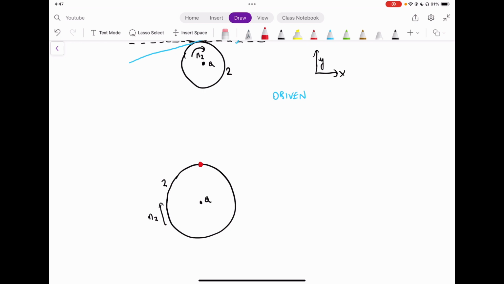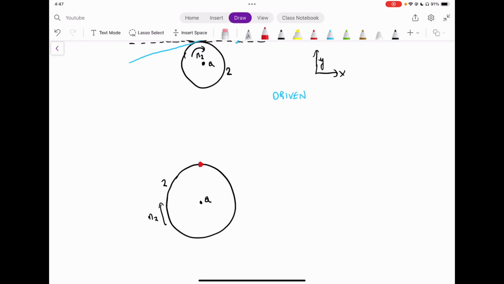So now, if the gear is rotating clockwise, in what direction do you think the force from gear 3 to gear 2 is going to be? So gear 2 does not feel any force that is transmitted to gear 3. It only feels a reactionary force from gear 3 back to 2.